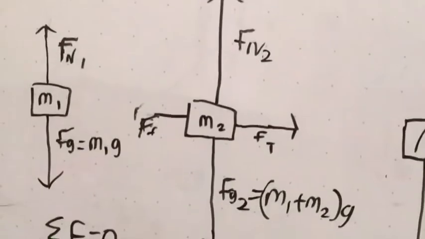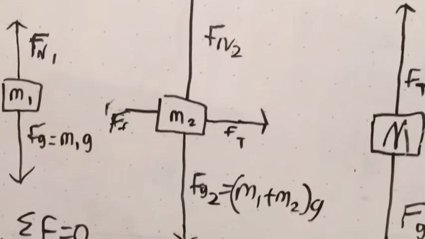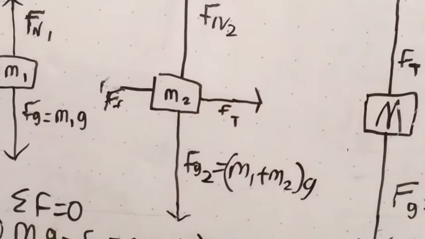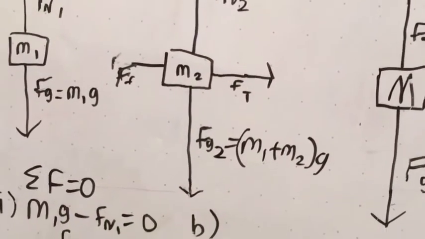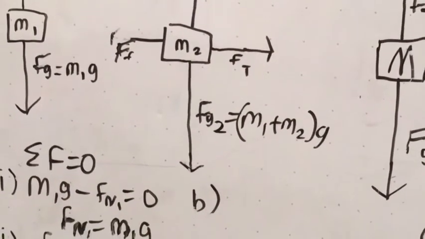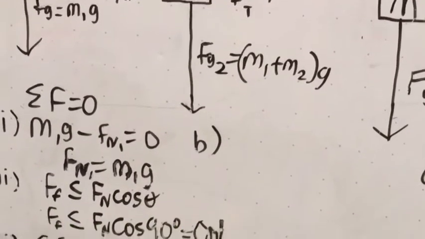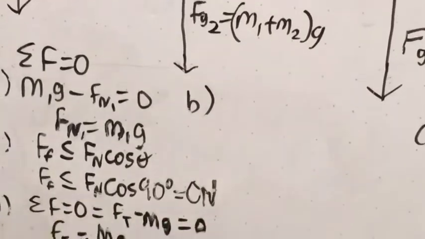The next part of this question asks to find the friction force F2 on block 2 by the tabletop. To find this, we must look at the FBD for M2. We notice that the forces in the x and y components all add up to 0. To find the friction force, we must look at the forces in the x components and find that F net in the x direction is equal to 0.